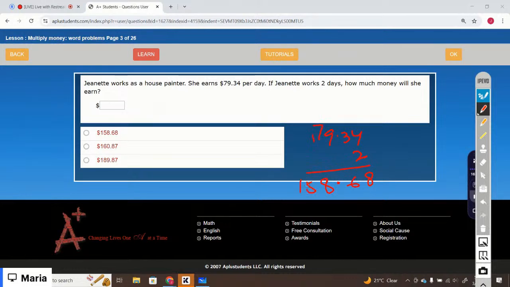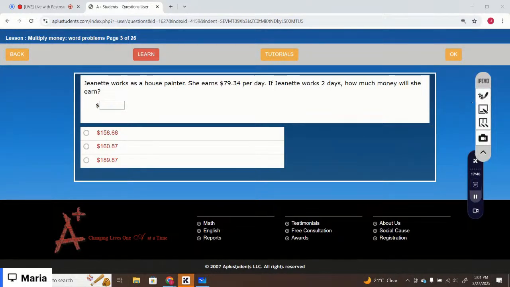Option number 1 is the correct option. That is 158.68.